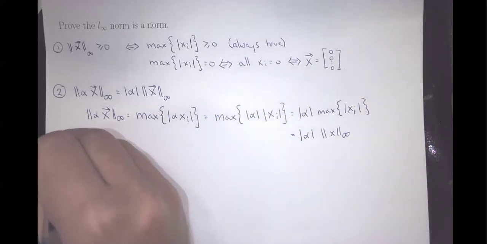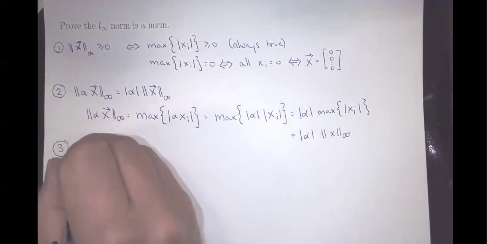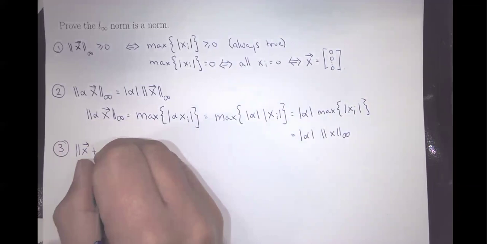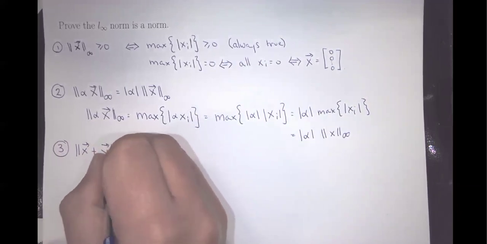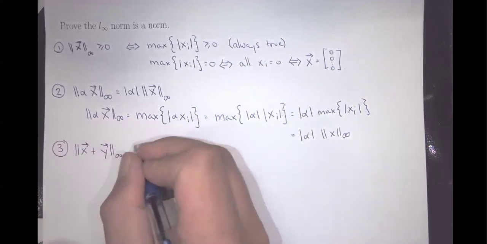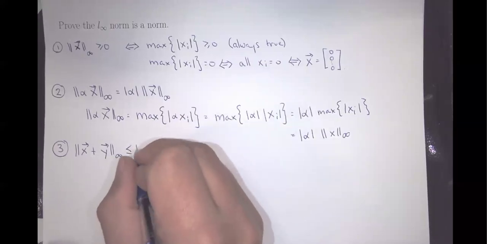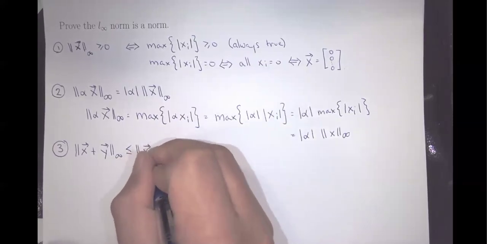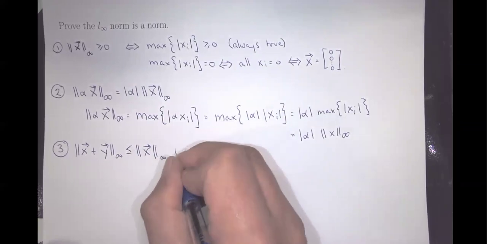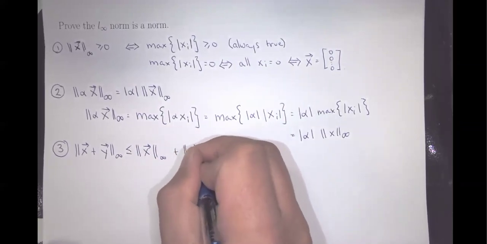Finally, the triangle inequality. So we need to show that the max norm of the sum of vector x plus vector y is less than or equal to the max norm for vector x plus the max norm for vector y.